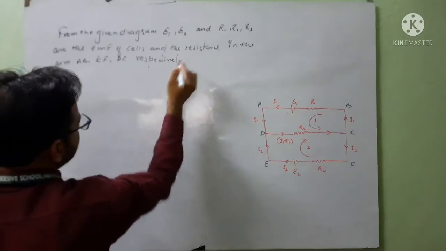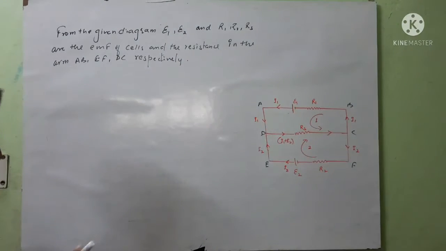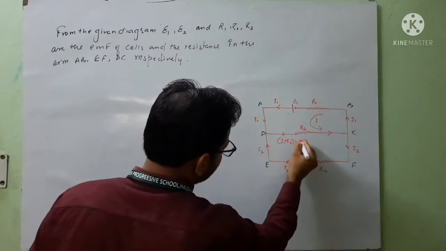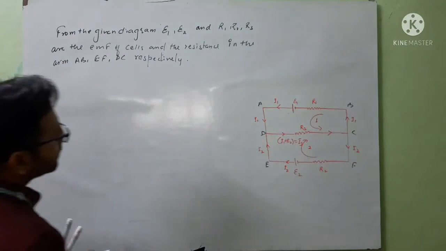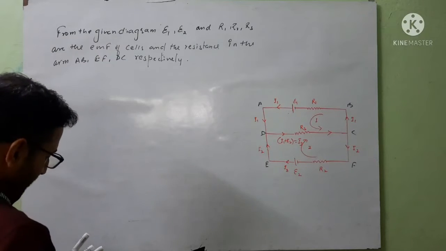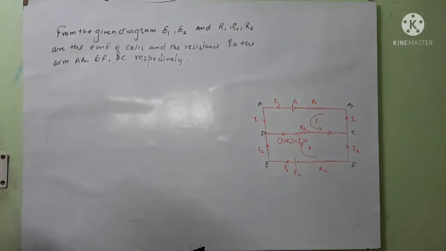Got it? So this is the basic information from the given diagram, and you can assume it is equal to I3. So from the given diagram we can continue.